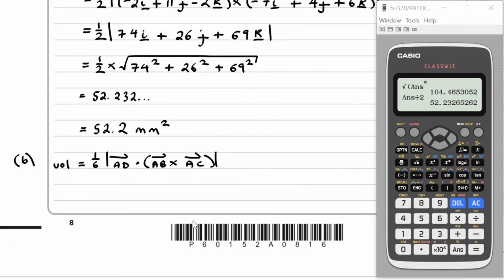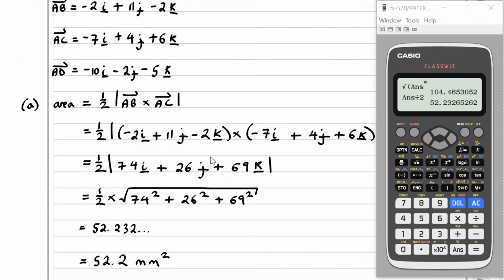Okay, so we have 1/6 lots of the magnitude of AD, which we worked out to be minus 10i minus 2j minus 5k, and we will dot product this with the product of AB multiplied by AC, which we worked out over here.